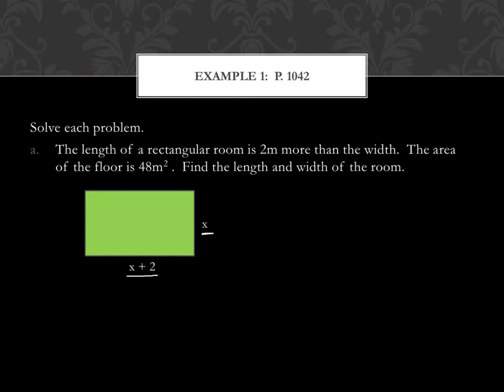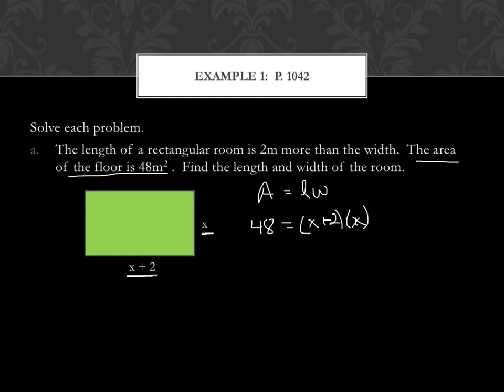And then the other information they give us is the area of the floor is 48 square meters. So for a rectangle, area equals length times width. So 48 equals the length, which is x plus 2, times the width, which is x.